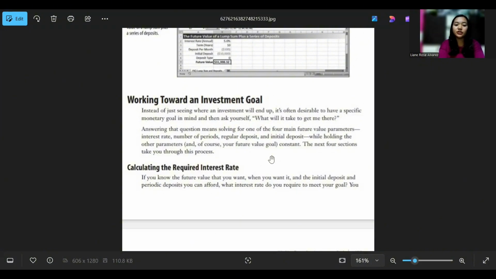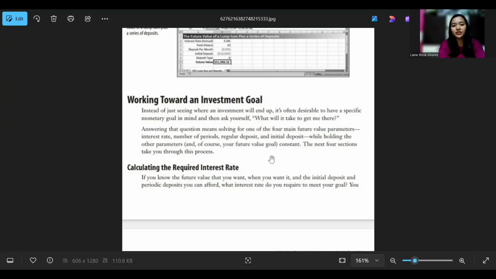Answering that question means solving for one of the four main future value parameters: interest rate, number of periods, regular deposit, and initial deposit, while holding the other parameters, and of course, your future value goal, constant. The next four sections take you through this process.